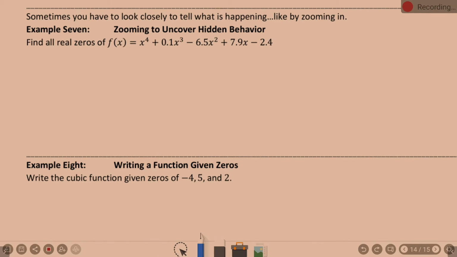What's our hint here then? ZBox on the calculator. ZBox is going to be a good one when I get there. This is looking at it graphing. Notice it does say all real zeros here, so keep that in mind. Zeros means I'm looking for my x-intercepts, right?